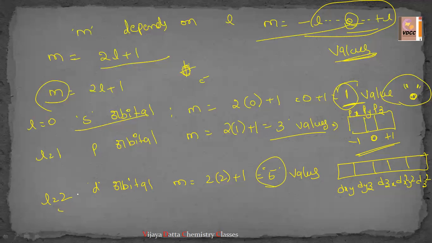The l value is 2, so the values are minus 2, minus 1, 0, plus 1 and plus 2. In some textbooks they always give 0 to z, like minus 1, plus 1 for px, pz, and 0 for py. Here also dxy minus 2, dyz minus 1, dzx plus 1, dx square minus y square plus 2, dz square 0. Otherwise we can follow this order also. There is no issue.